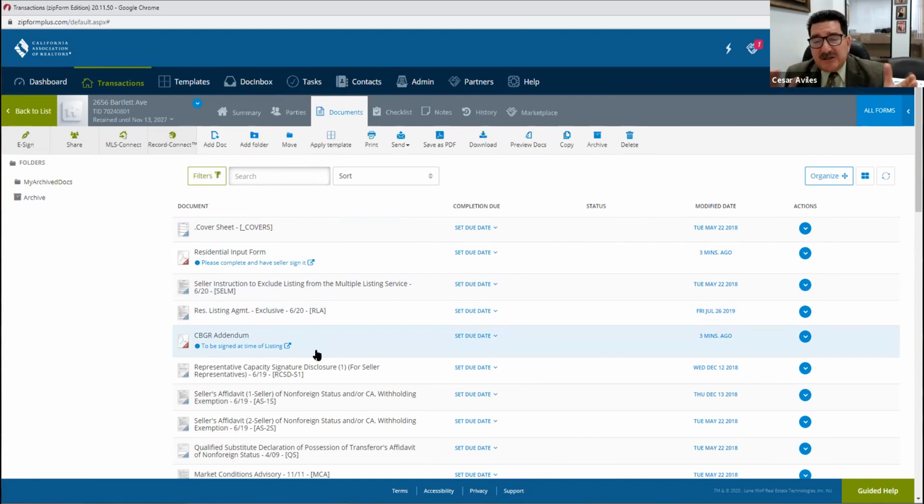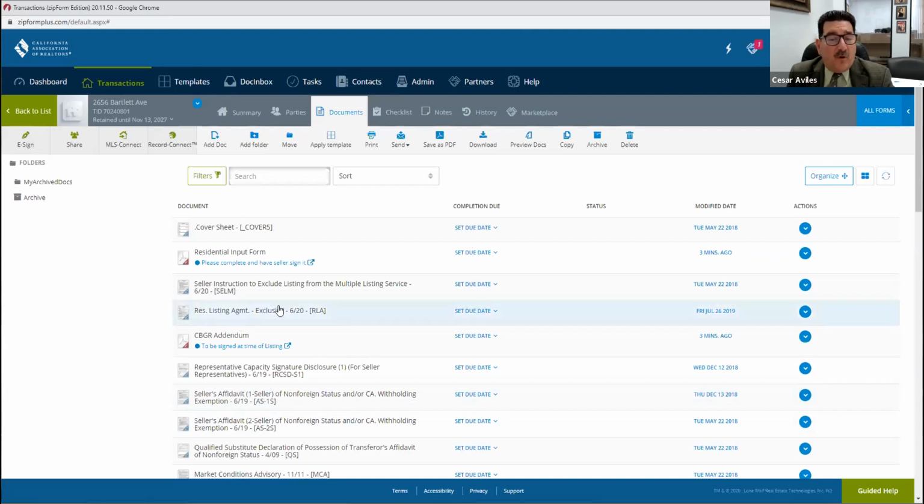Sometimes your transaction does not require that you eat all of the appetizers and all of the entrees. So you need to be the one deciding, do I use this form or not? Okay. It is required by Coldwell Banker George Realty that you use most of these forms, but you're not going to use them at the beginning.